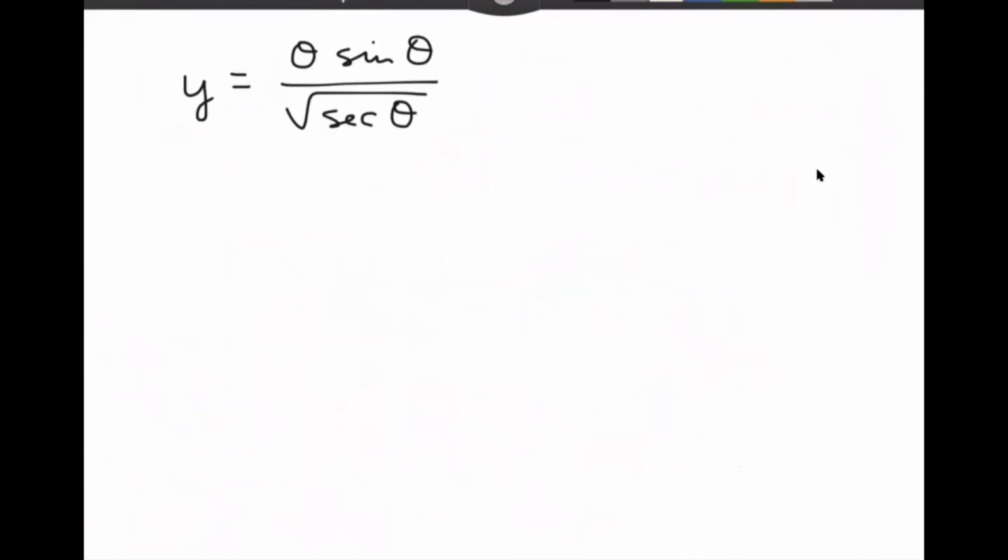All right, so now I am assuming that you have tried this problem. So here we go. First thing we're going to do is take natural log of both sides. So we have natural log y equals natural log of theta sine theta over the square root of secant theta.